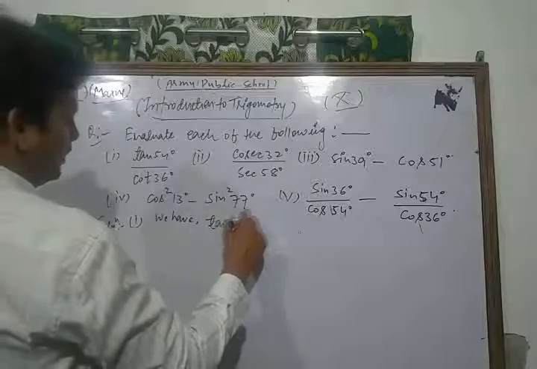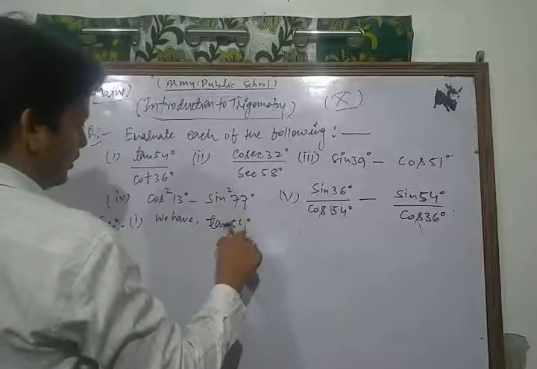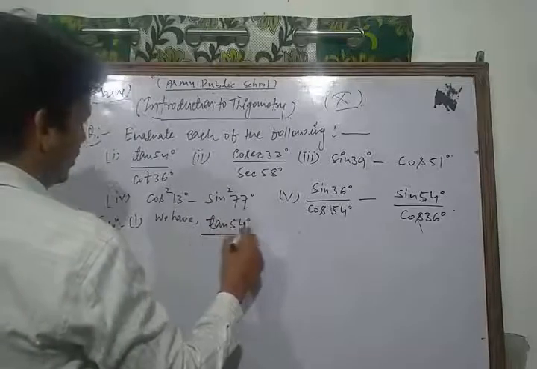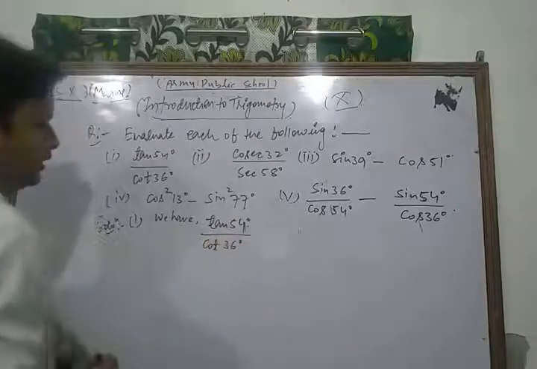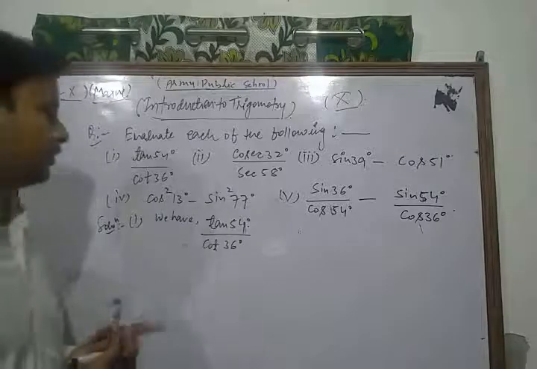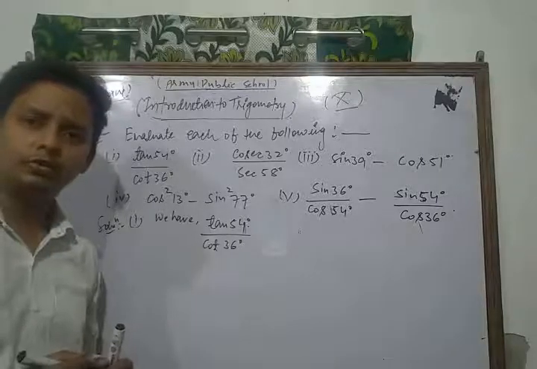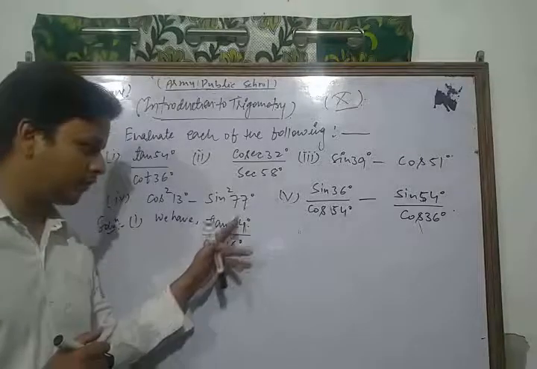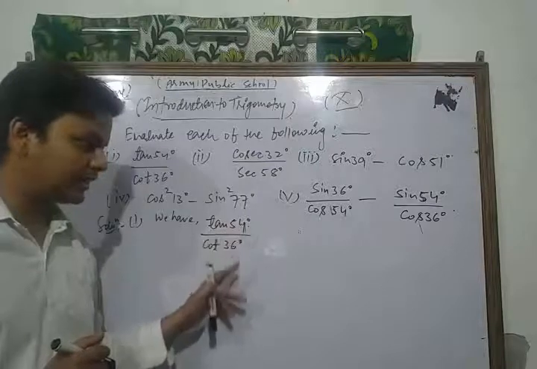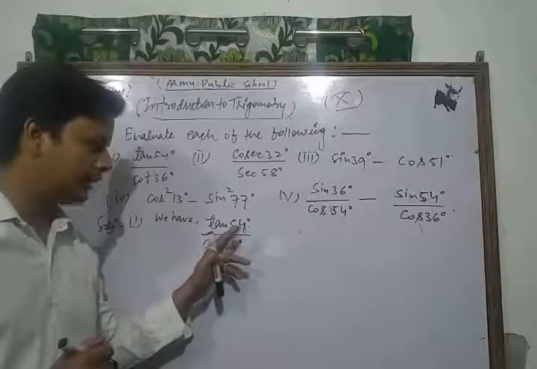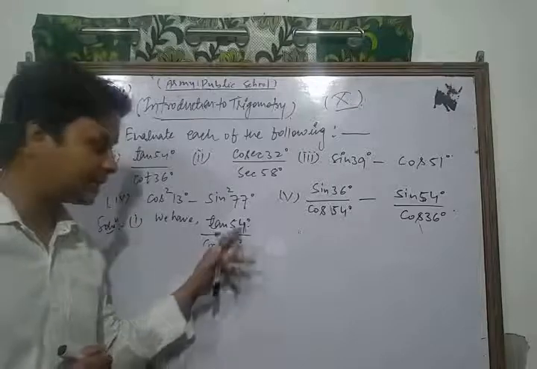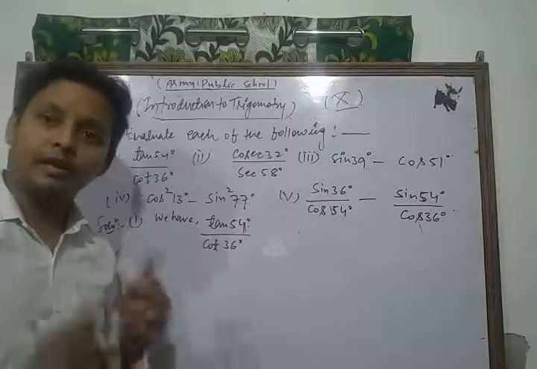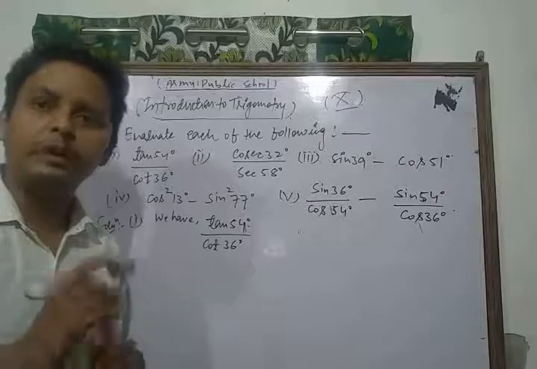We have tan 54 degree upon cot 36 degree. So what I do for that? First of all, you observe that these are complementary. Both the angles 54 and 36 are complementary to each other because their sum of measures is 90. So here we apply the concept of complementary angles.